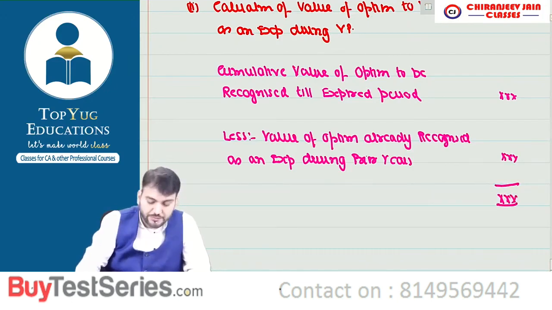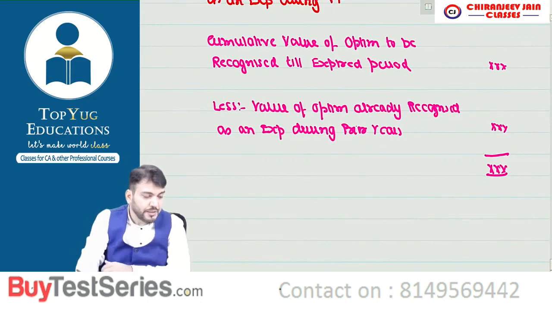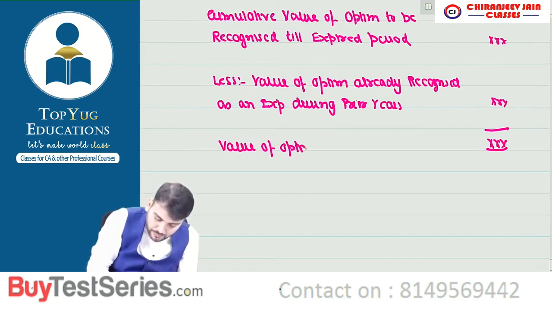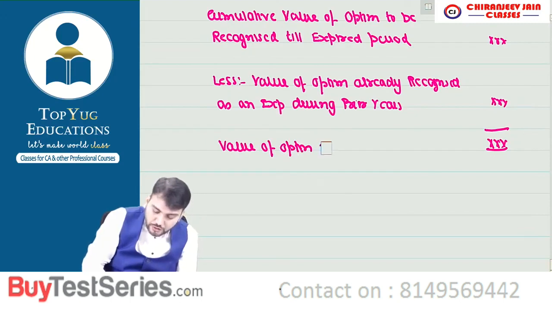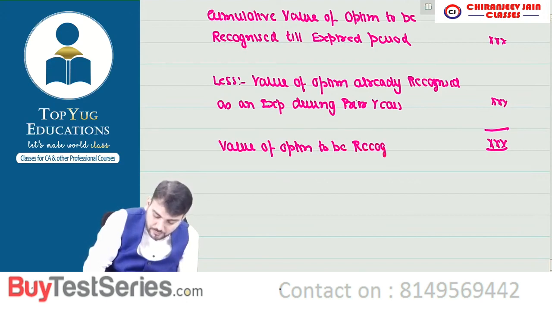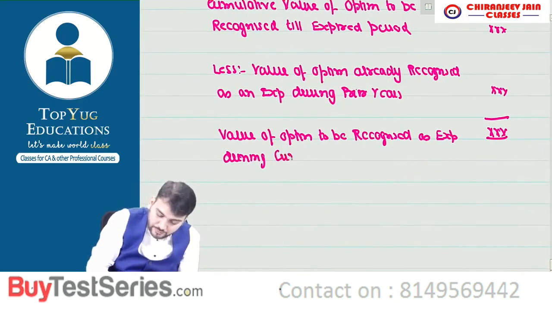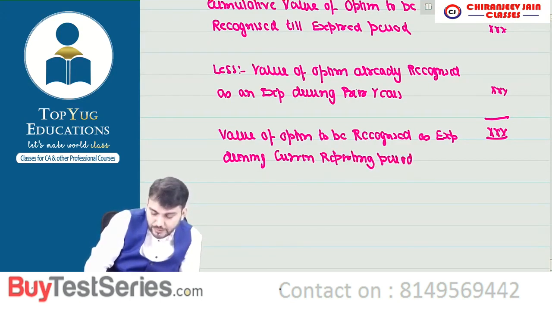So this will be recognized as an expense. Correct? Value of option to be recognized as expense during the current reporting period.